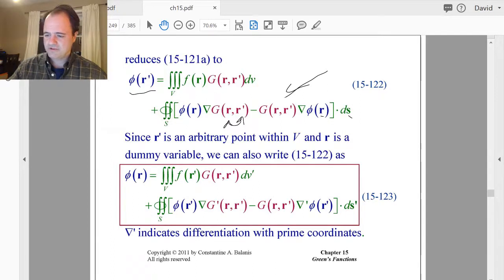And so we can switch r's to r primes and r primes to r, perfectly fine without it impacting anything. And likewise, with the differentiation. So this is what we have.